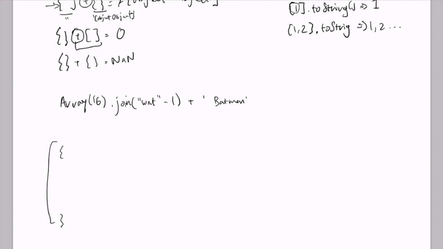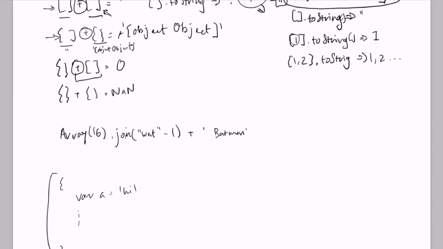Regardless, a block is something that you can just put code in, and it operates as normal. Whenever you have this sort of syntax at the beginning of any line, the JavaScript interpreter will assume that you're creating a code block.